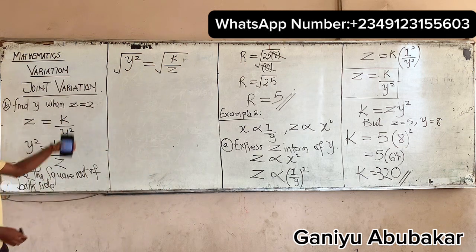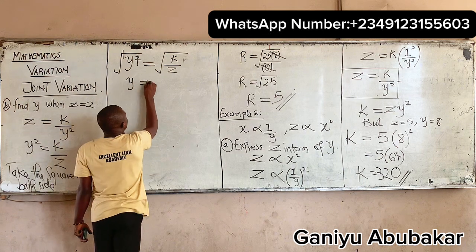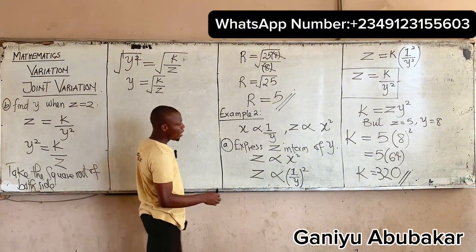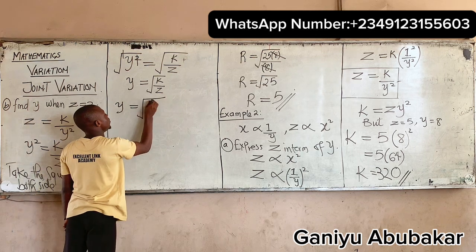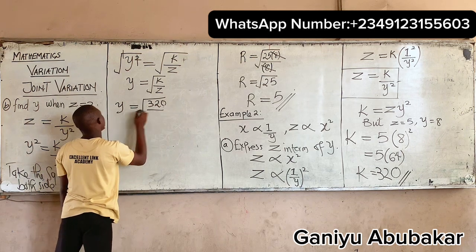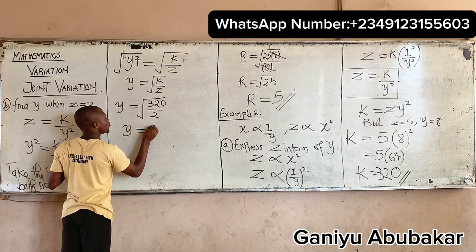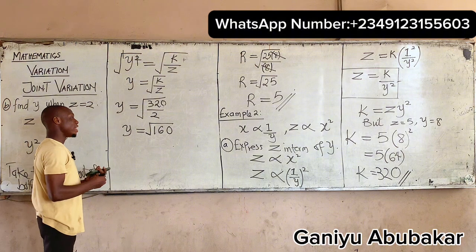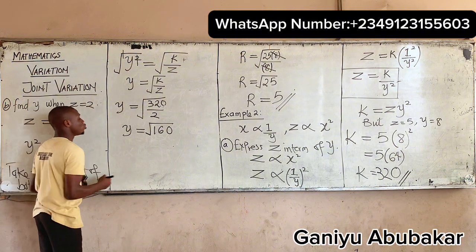The square cancels the square root, so y is equal to the square root of k over z. What's k? K is 320, and z is 2. So y is equal to the square root of 320 over 2. If I divide 320 by 2, I have 160. This is my answer, but mind you, your answer should be in surd form.